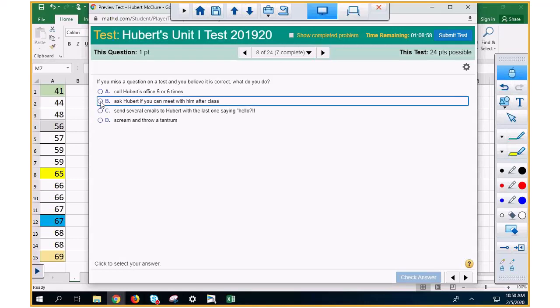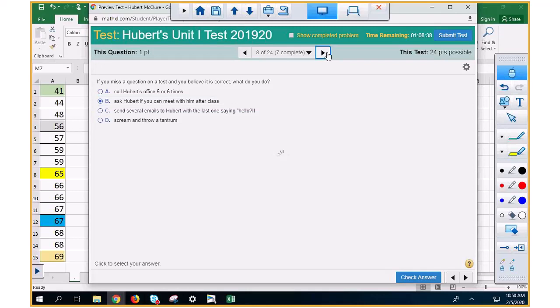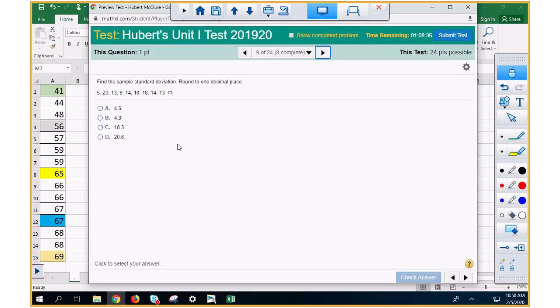B as in Bravo. C is what y'all do. Send me several emails with the last one saying, hello, why do I not respond to your emails half the time? Because I've already told you what to do. So if you send me one after this one saying I've got it, I'm just going to ignore it. Okay, I'm not going to do that.